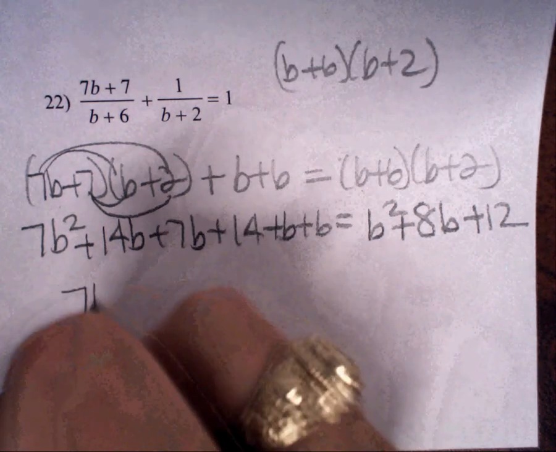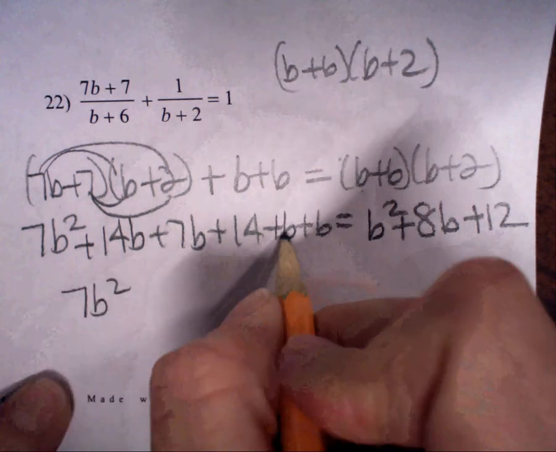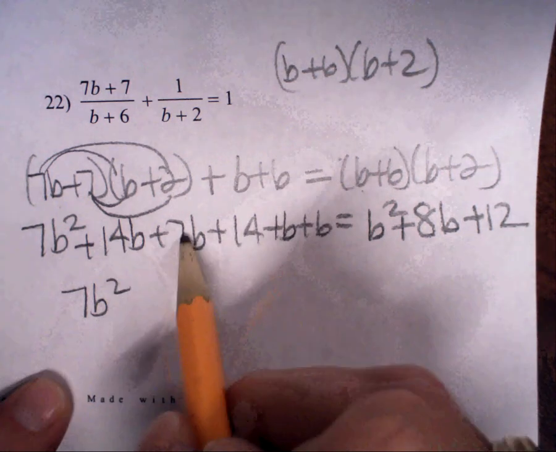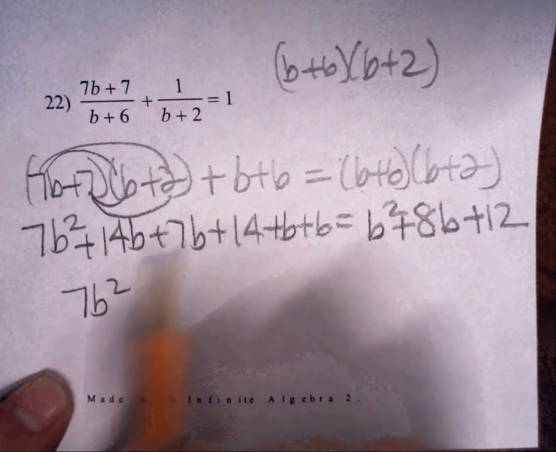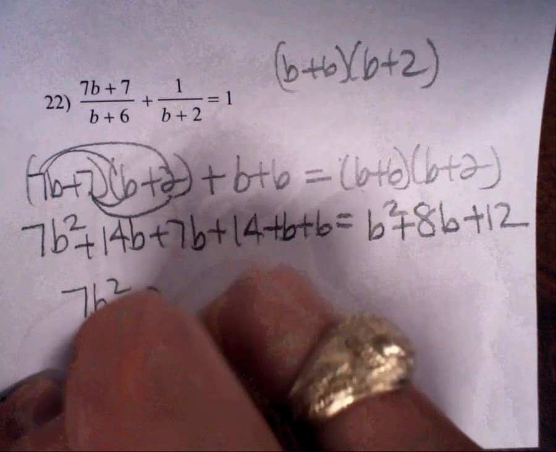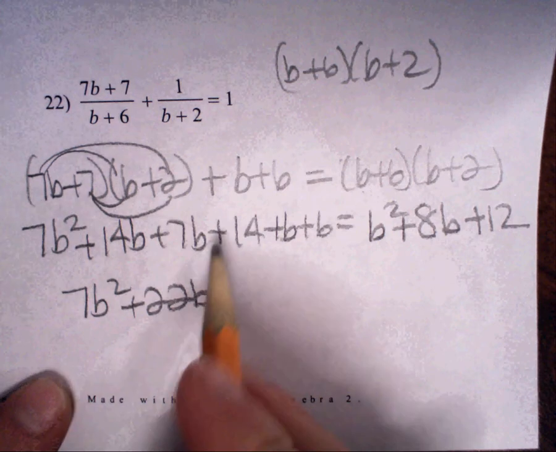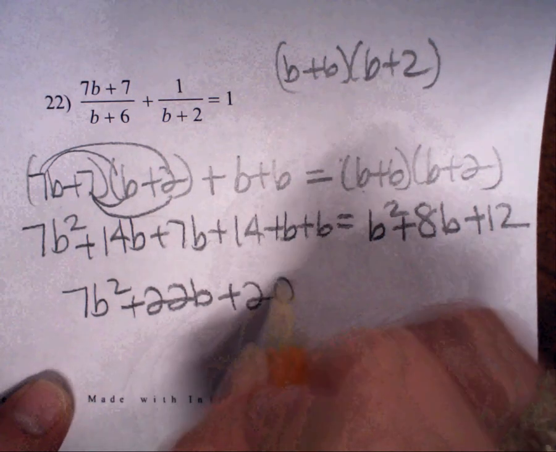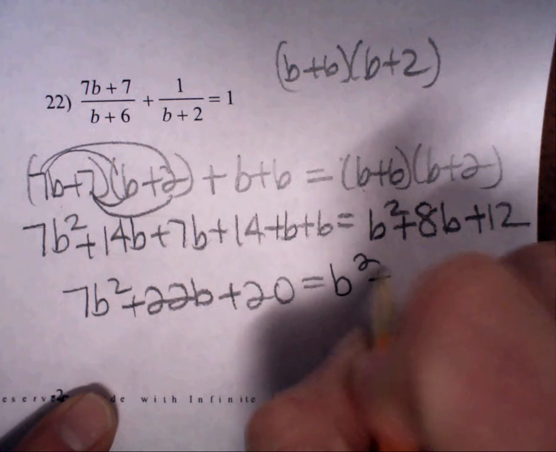Alright, so now I start putting together like terms. 7b squared. Oh man, I hate these b's and 6's. So that's 21, 22. That's 14 and 6, 20.